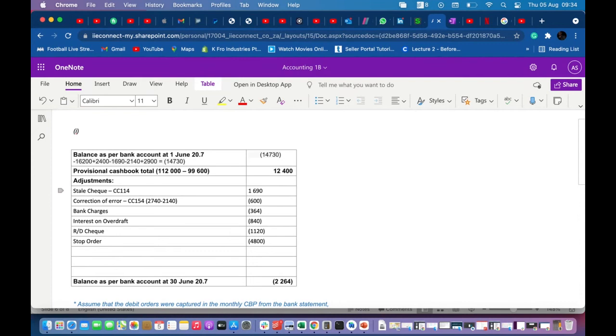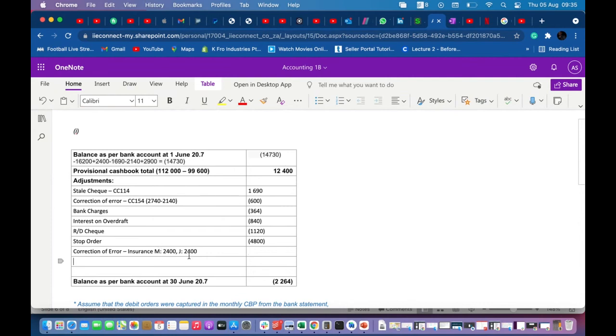So since we have recorded this 4,800, let's do it like this. Error. In May there was 2,400 that they took, and then also in June. I'm writing this out for your benefit just so that you can see how we're arriving at what. This is money we need back.